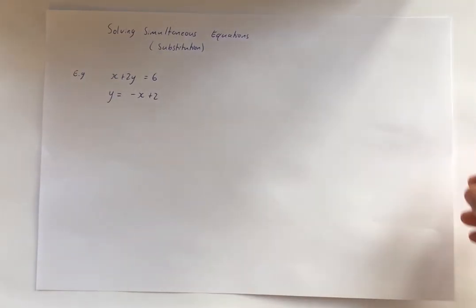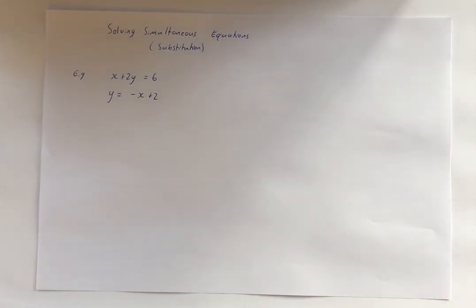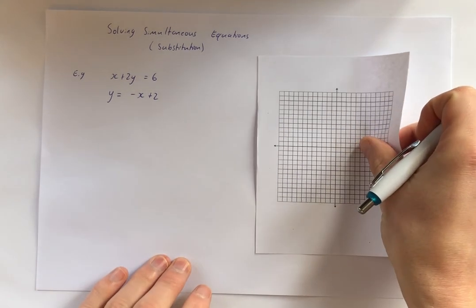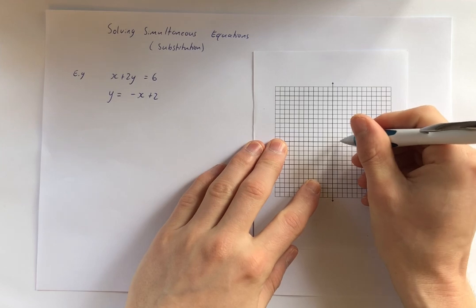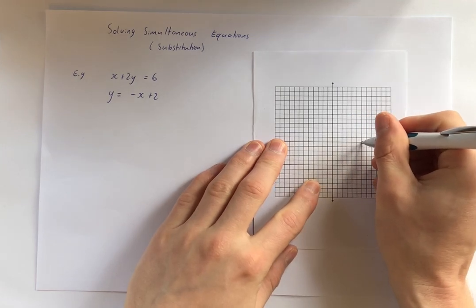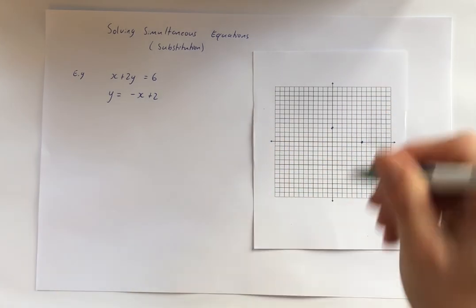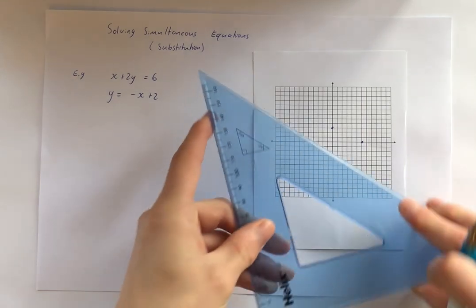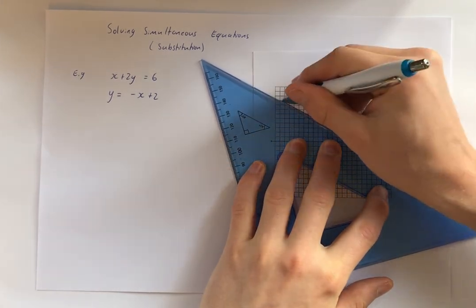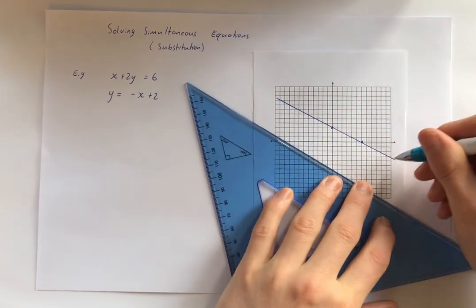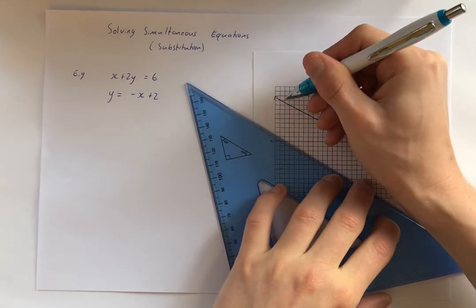Let's have a look at this one. We have x plus 2y equals 6. So by intercept method, we know that x is 6 and we know that y is 3. So we know that our equation of our line is looking like this. That's our first equation.